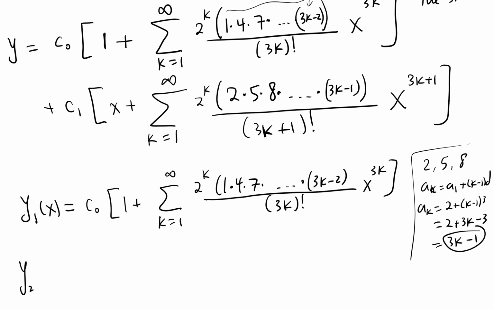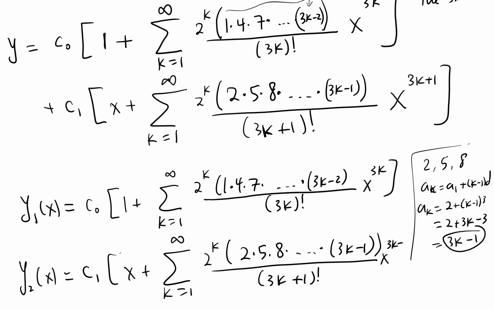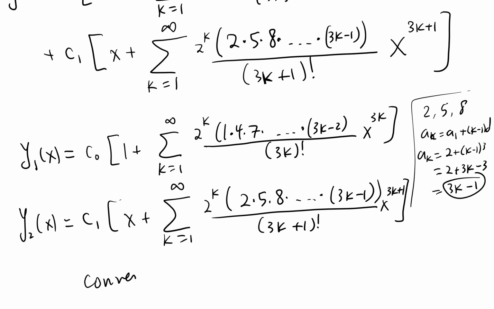And y2 of x is c1 times (x plus the sum from k equals 1 to infinity of 2 to the k, times 2 times 5 times 8 times ... times (3k minus 1), over (3k plus 1) factorial, x to the 3k plus 1). And those converge for x less than infinity.